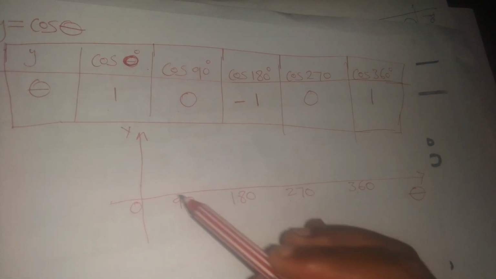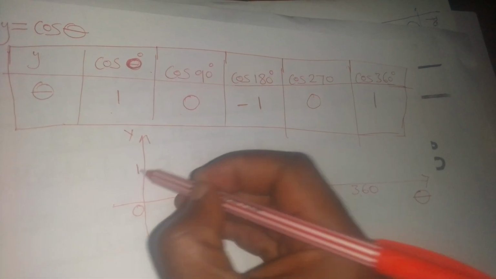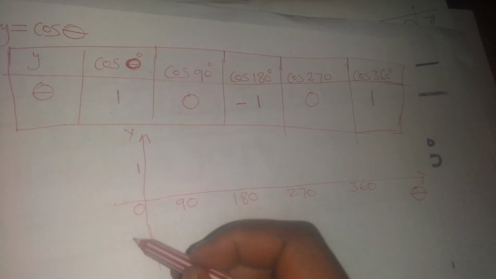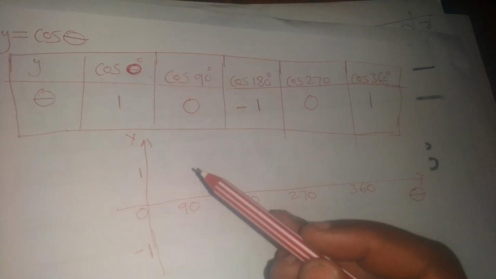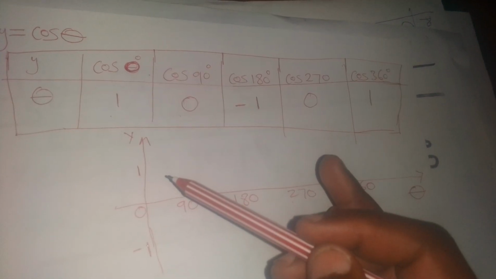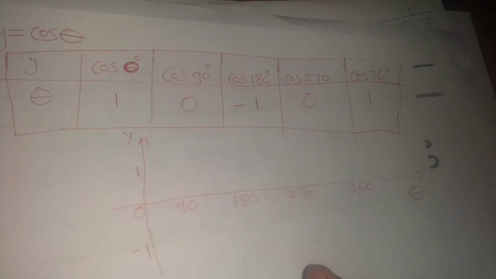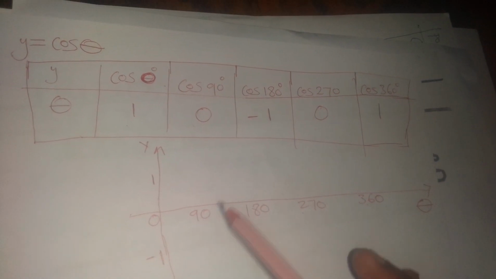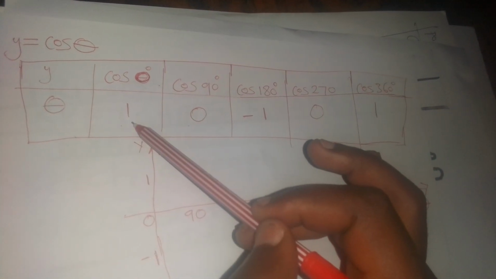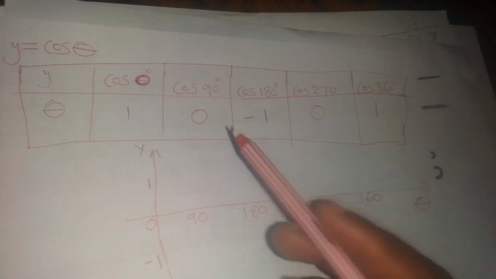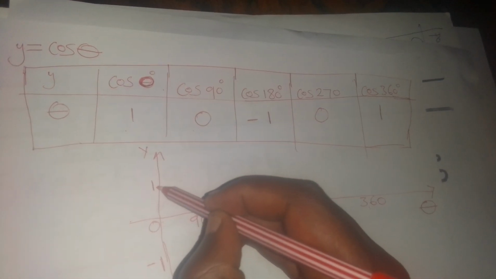Now, after that, going on the top, we put a 1. Then going down, they are negative, so we put -1. Even on the Cartesian plane, on top you find positives and down negatives. Then you start plotting. This is cos 0, comma 1. So 0, comma 1 will be at this point.